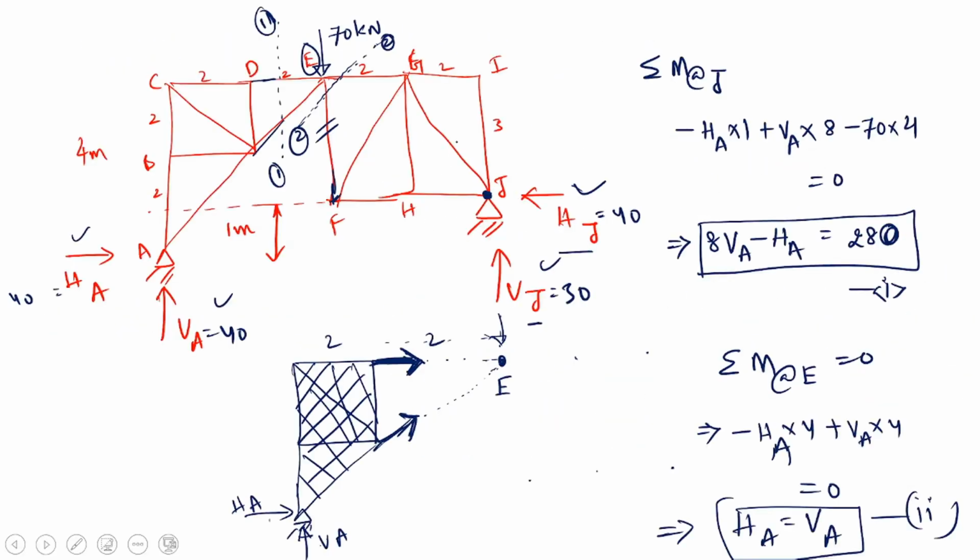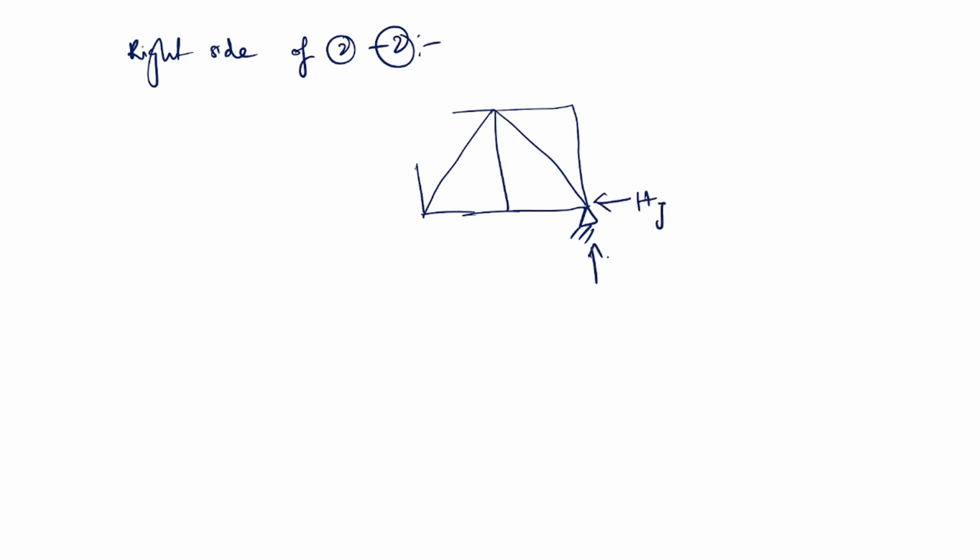I'll draw that figure. It's like this, with HJ and VJ. Now let us assume some forces like this. This is the rigid body, right?